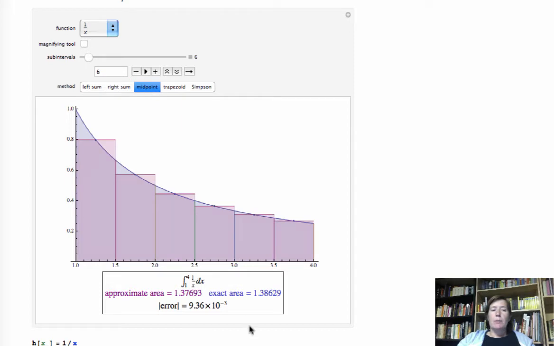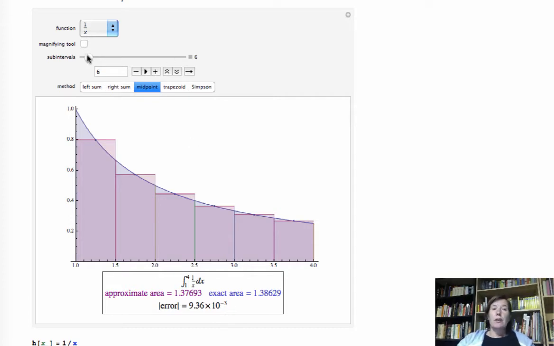And we see with the midpoint approximation, the sum of the approximating rectangles is 1.37693, whereas the exact area is approximately 1.39. So we're off by just a little bit, in fact 9.36 times 10 to the minus 3.